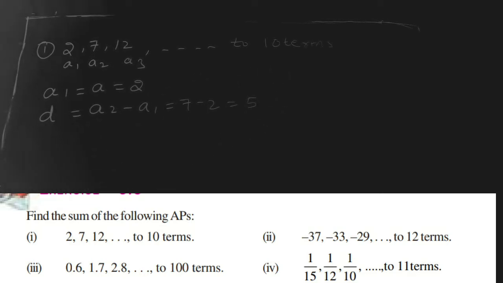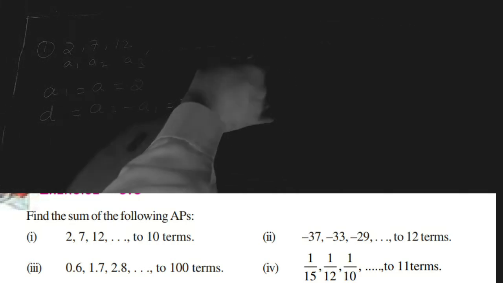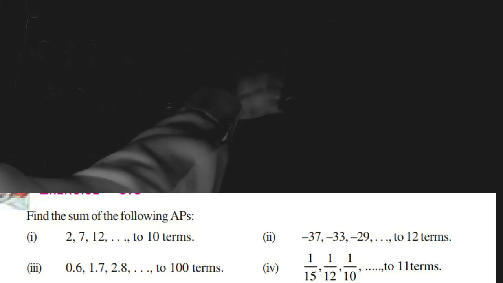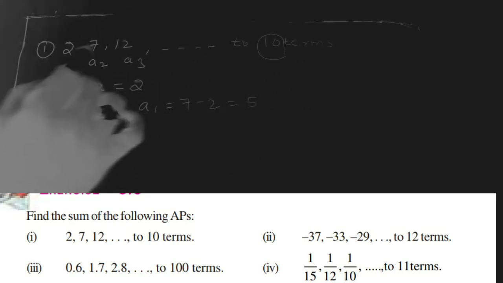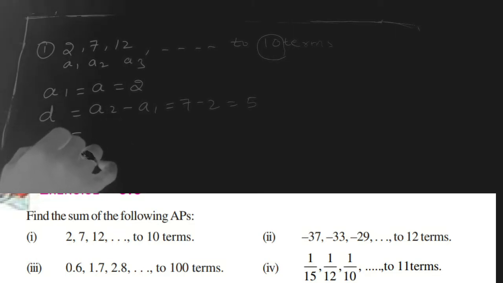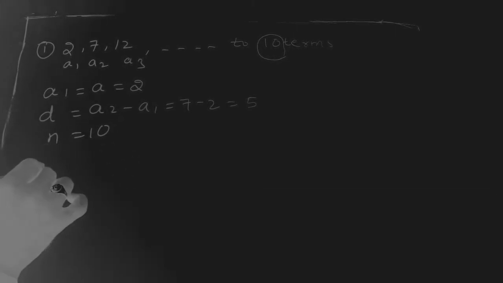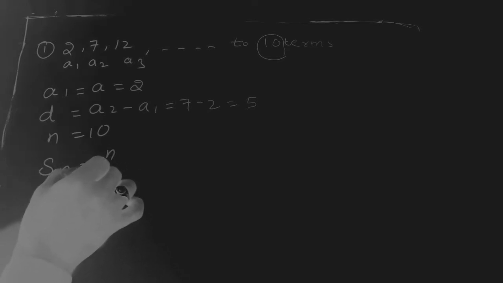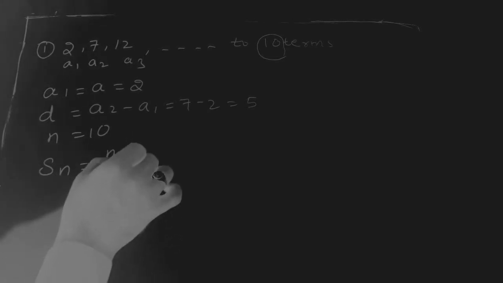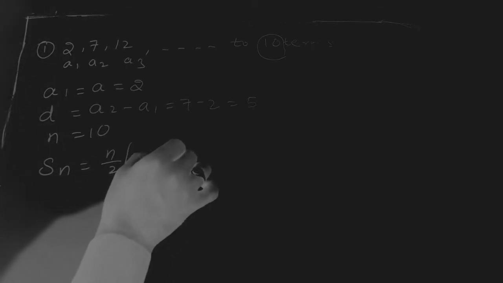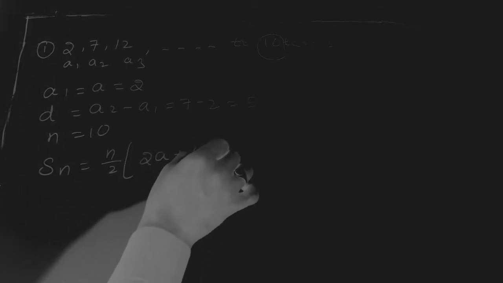So now what is the question asking? Find the sum of 10 terms. Up to 10 terms means sum of 10 terms. So n is equal to 10. The formula is Sn is equal to n by 2 times 2a plus n minus 1 into d.